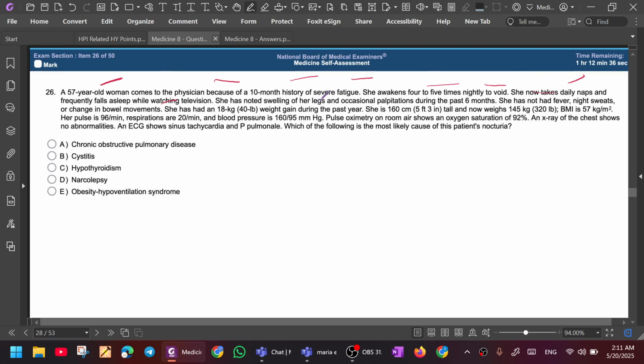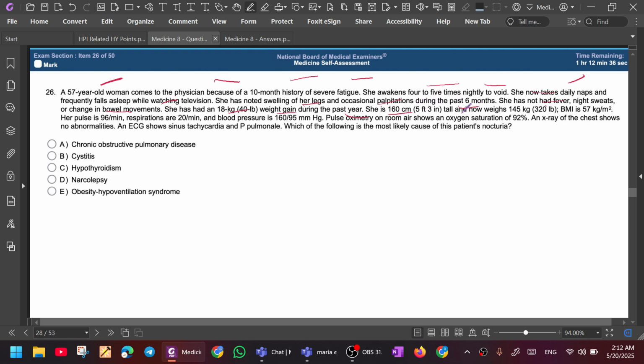She has noted swelling of her legs and occasional palpitations during the past 6 months. She has not had fever, night sweats, or changes in bowel movements. She has had 18 kg of weight gain during the past year.